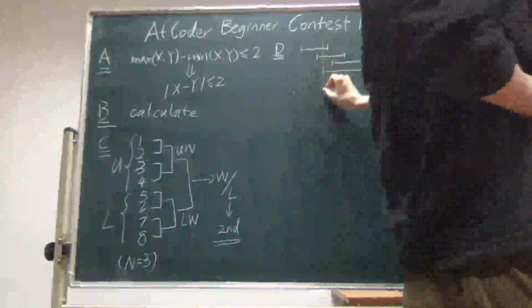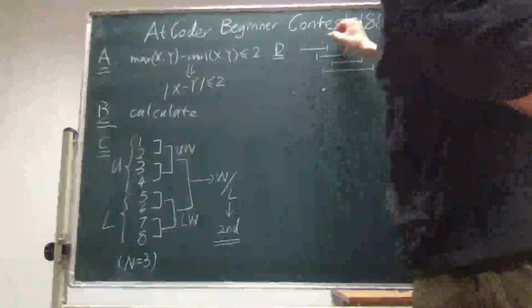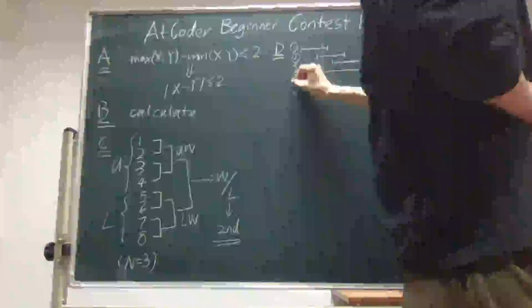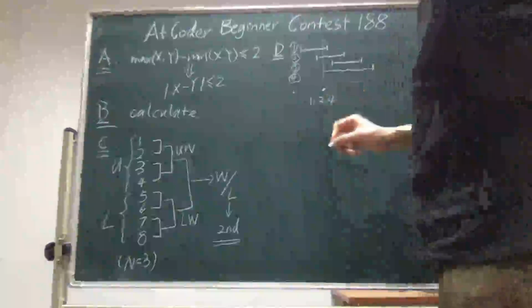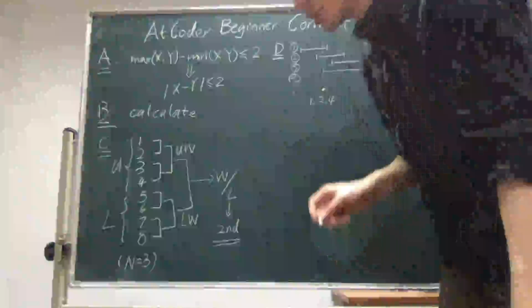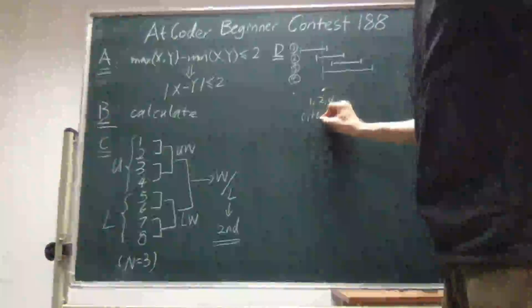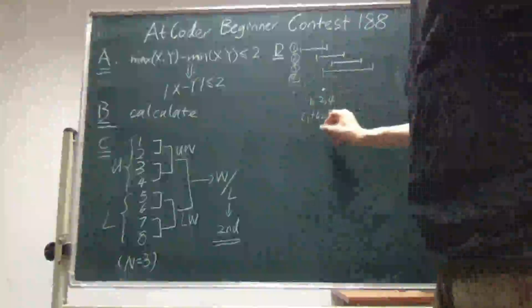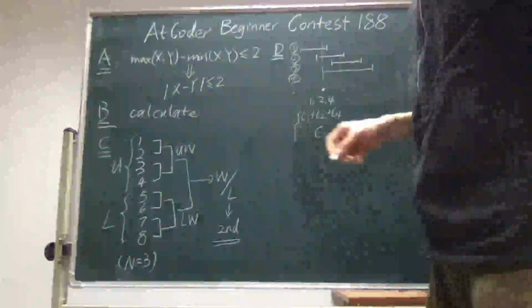For example, on this day, we will use services 1, 2, and 4. In this case, we can choose to pay C1 plus C2 plus C4, or we can buy a subscription and pay big C. So we will compare these two and choose the smaller one. This is no doubt.